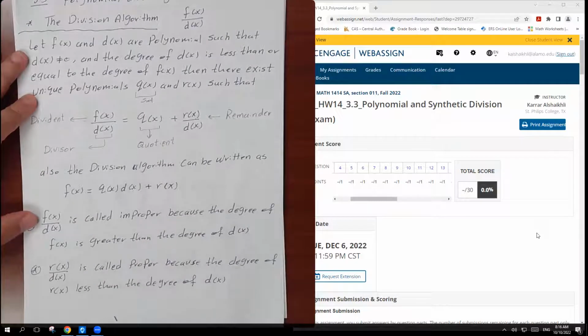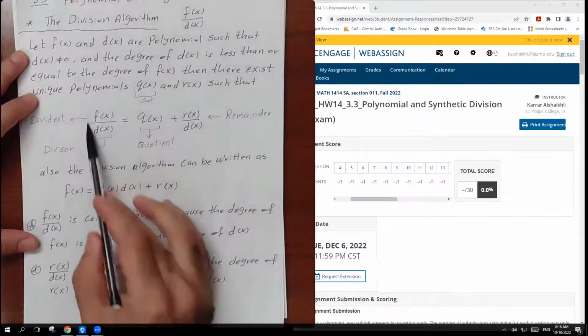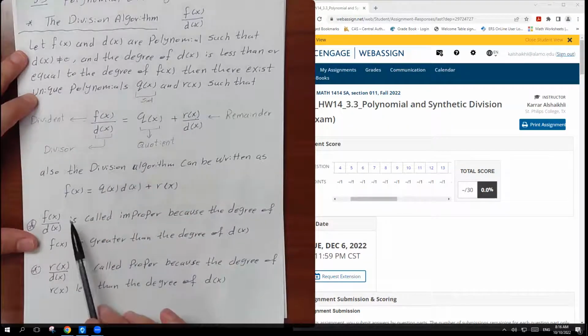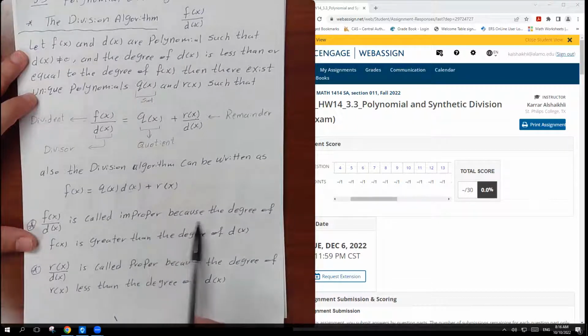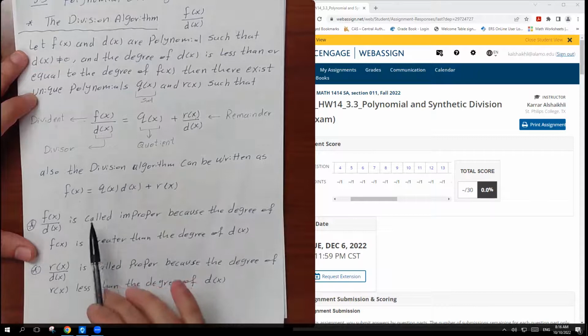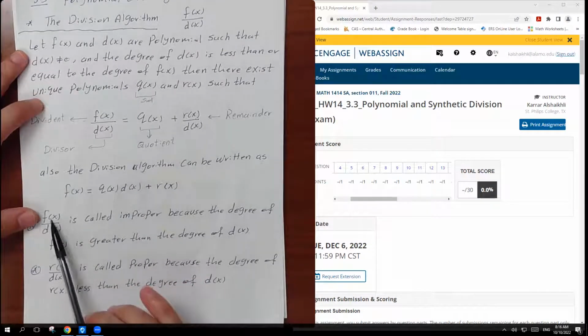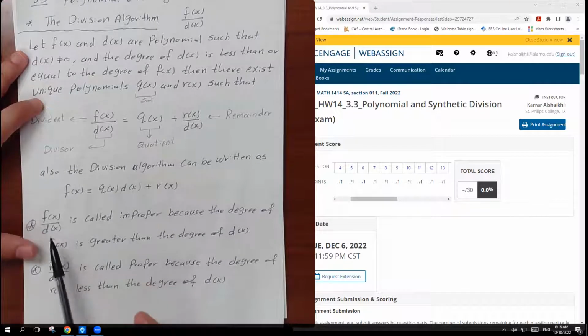The first note: if f of x over d of x, that means this part is called improper because the degree of f of x is greater than the degree of d of x. So they're going to ask you, is this an improper fraction or division? Yes, if the degree of f of x is greater than the degree of d of x.